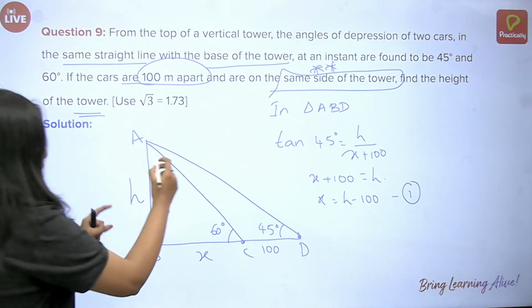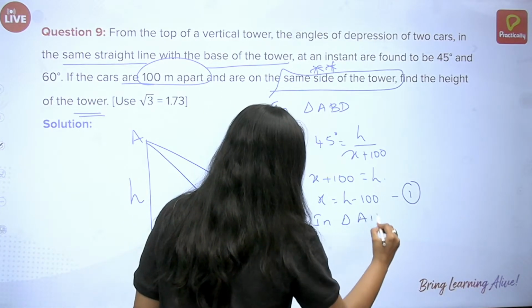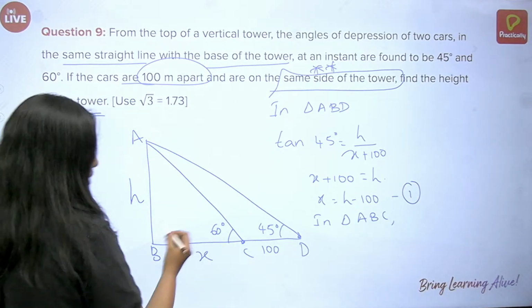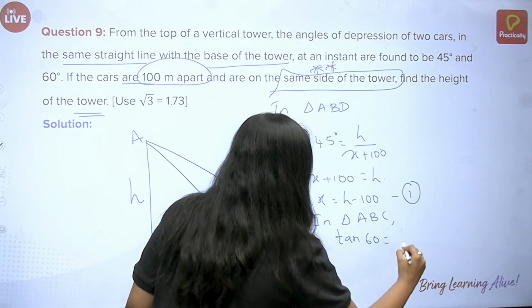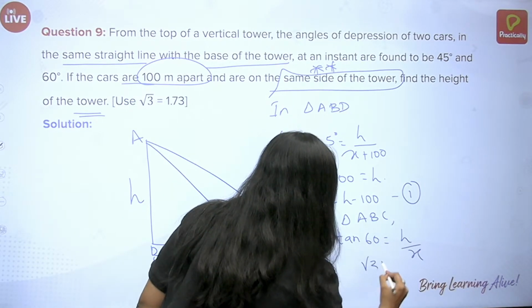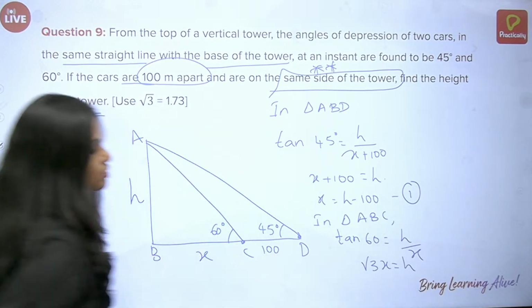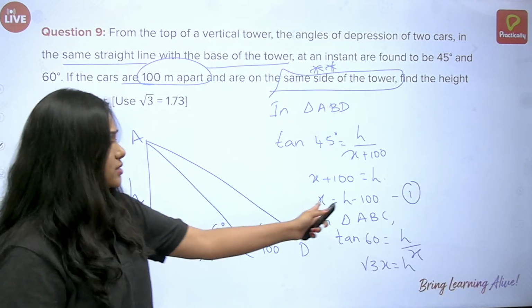Now, take the triangle ABC. So in triangle ABC, what will happen? Tan 60 is equal to H by X. So root 3 X is equal to H. Correct? Substitute X is equal to H minus 100.